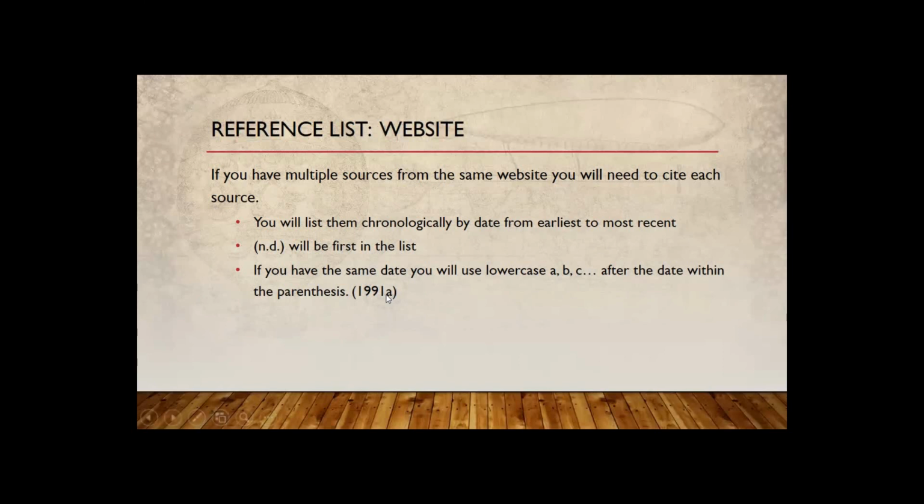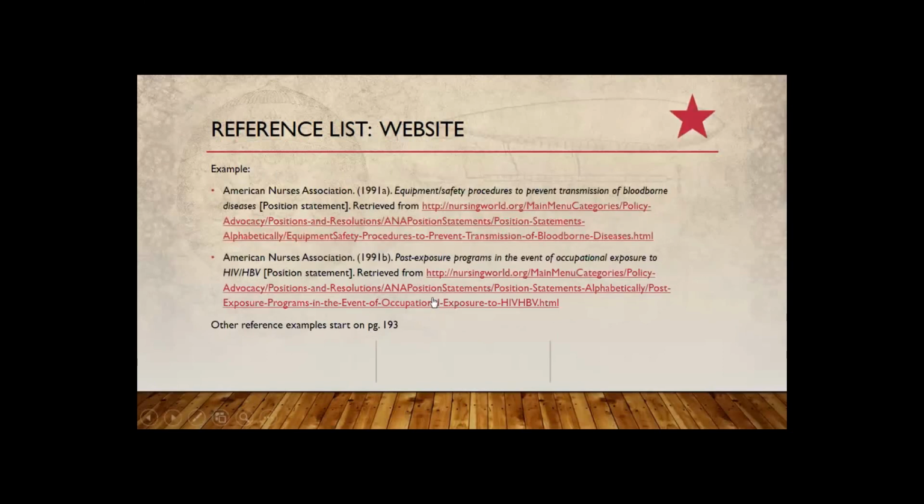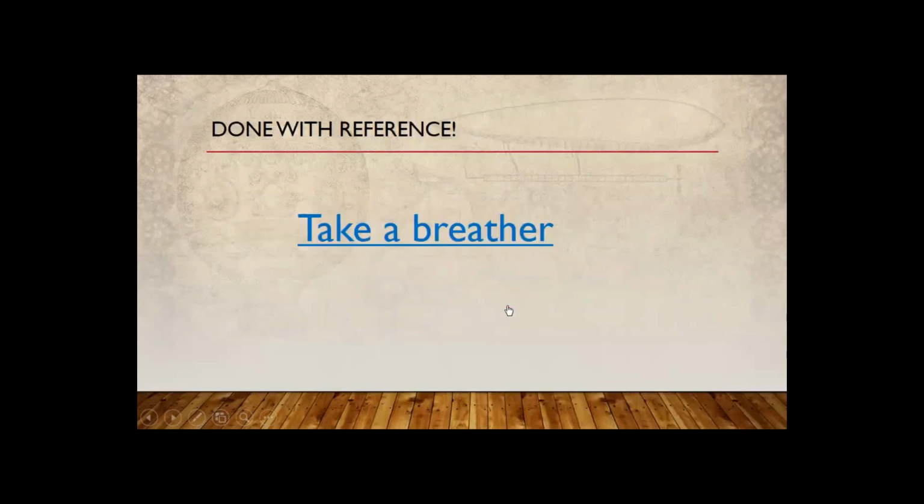You would just mark it as a, b, c, d that way. There's an example right here. I know it's a lot, but it's got a and it's got b. So that's it, it's pretty simple. As you can see, it's from the same site, but it's got different dates. And it's the same if you're taking a different chapter from a book. You just do a and b.